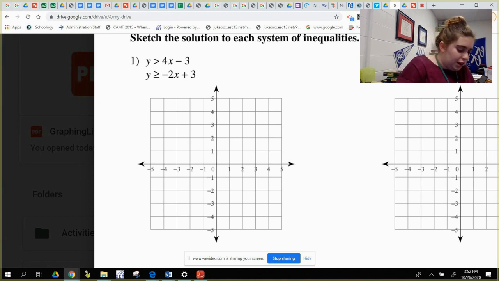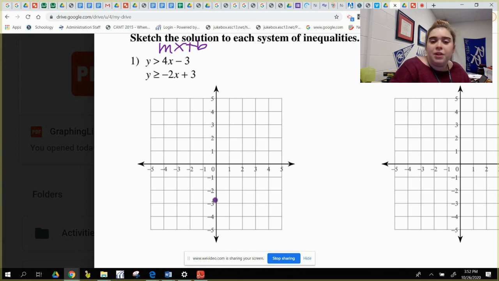The y-intercept on this one would be negative 3. That's the b, so our first point would be at negative 3 right here.